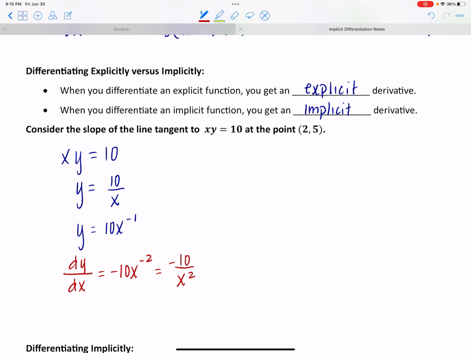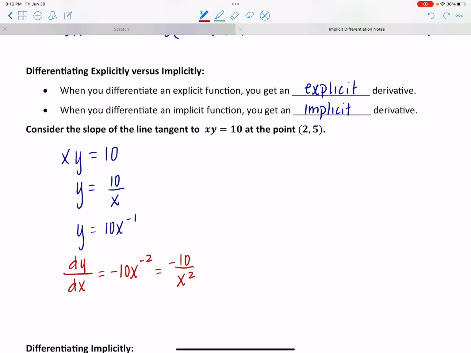All right, there's our derivative of y with respect to x, negative 10 over x squared. So in this case, we started with an implicit function, but we made it explicit and then differentiated the way we normally would, and we ended up with an explicit derivative here, just in terms of the one variable x.